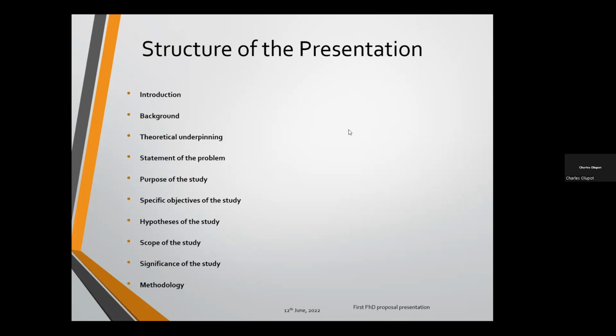And on the statement of the problem, I noted some very strong claims about Bugisu, statements like mismanaged, indebted, cannot effectively provide services to its members. These claims may need to be substantiated, especially with evidence. Let me stop there. Thank you very much.